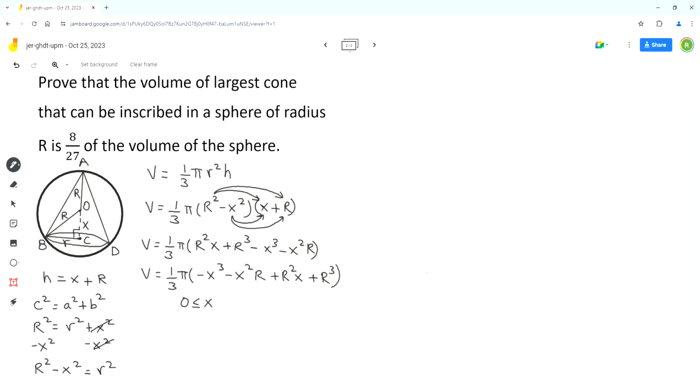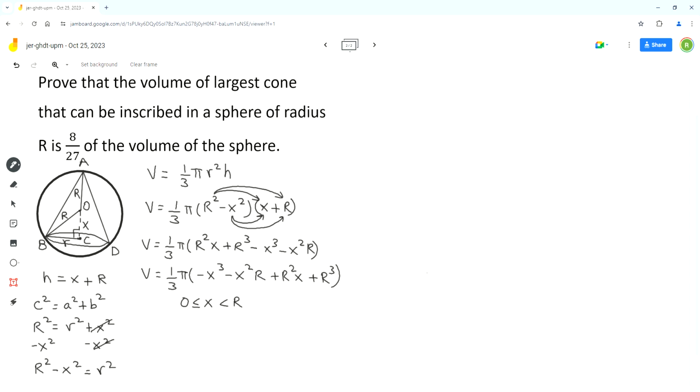So X has to be greater than or equal to 0, but X cannot be equal to R, because if x is equal to r, then point C will be on the sphere. There's a very important concept you need to understand to solve this problem. So this is the domain of this volume function.